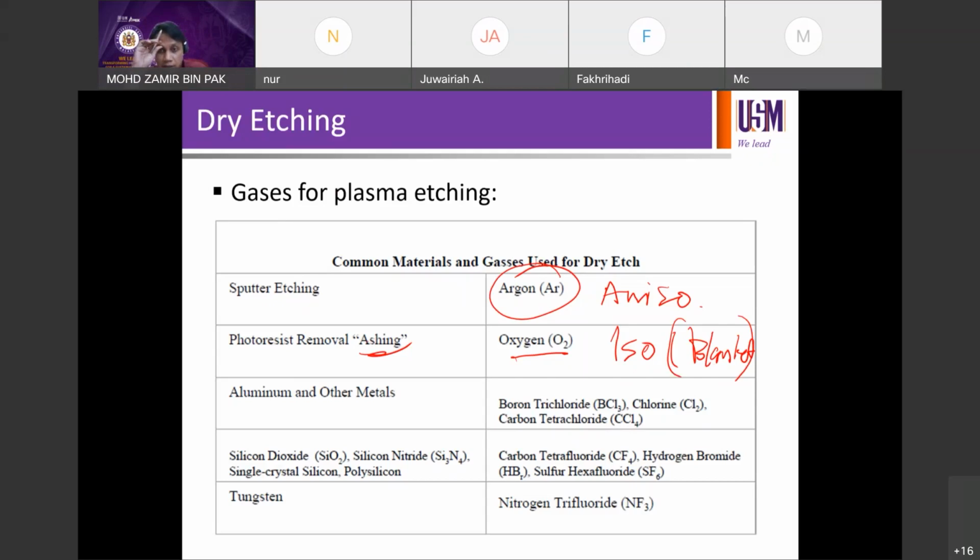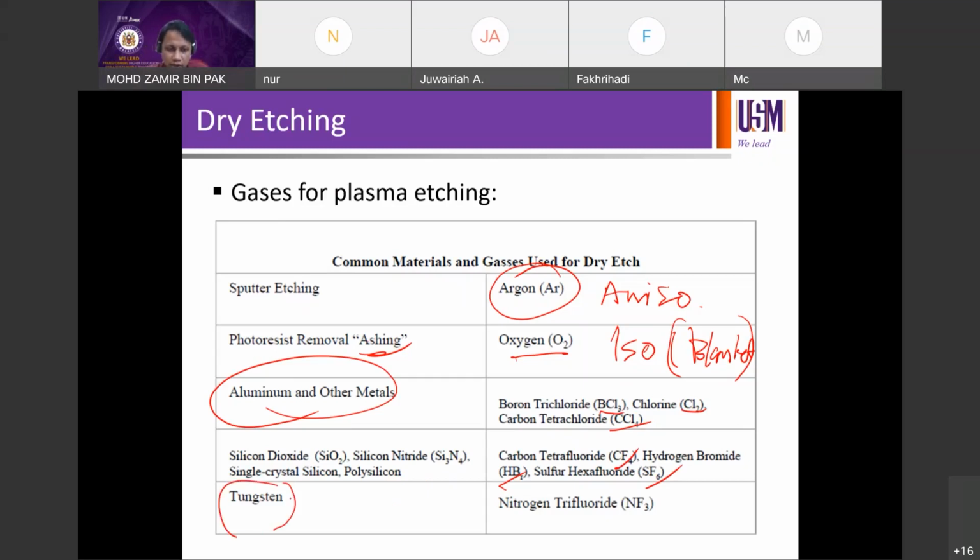Aluminium and other metals, you need to use BCl3, Cl2, CCl4 if you want to etch aluminium and other metals. Okay. So if you etch silicon dioxide, nitride, single crystal silicon, polysilicon, you can use CF4, HBr, SF6. Okay, like earlier, you can use SF6 to remove silicon.